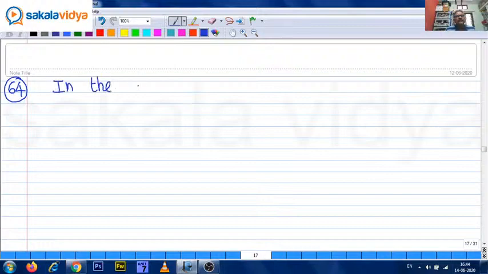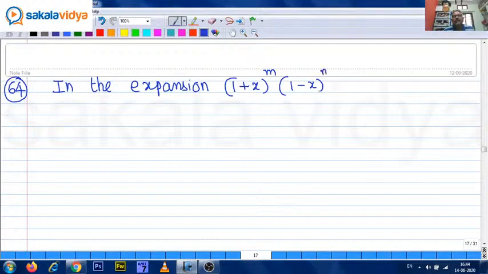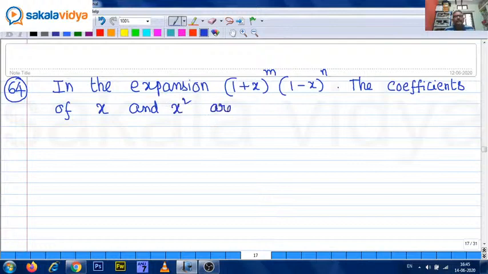In the expansion of (1 plus x) whole to the power of m into (1 minus x) whole to the power of n, the coefficients of x and x square are 3 and minus 6 respectively.